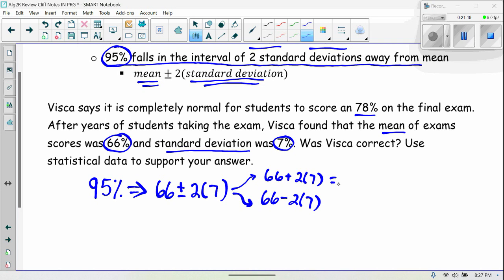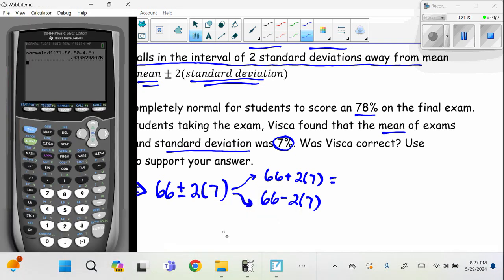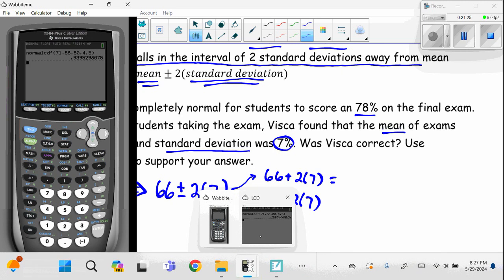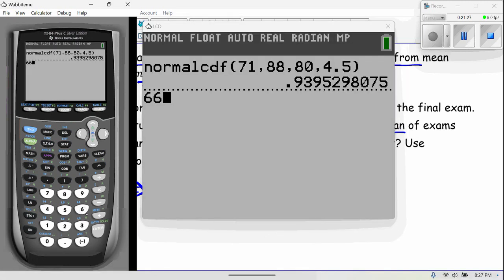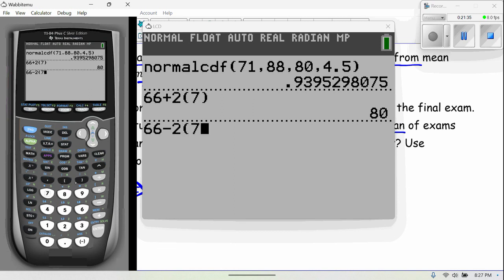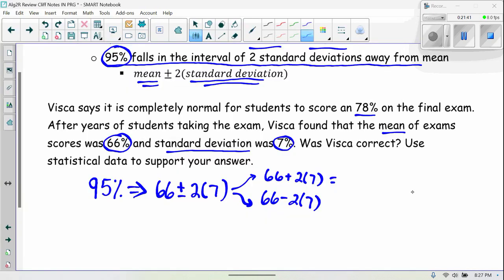Doing it on a calculator, although I could do it quickly, we have 66 plus 2 times 7, and 66 minus 2 times 7. From 80 to 52, those scores right there.